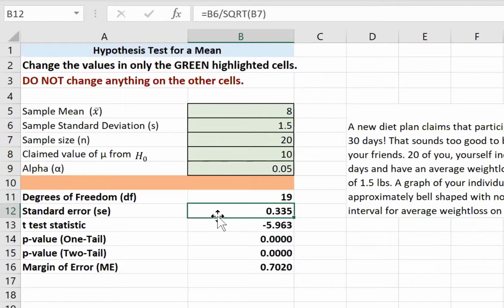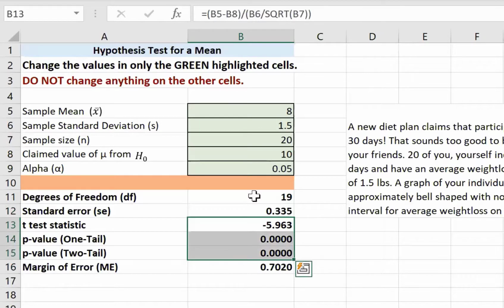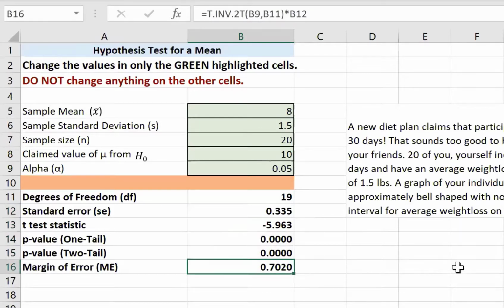The larger our sample size, the less variation in the sampling distribution. Test statistic, if we were doing a t-test, this would be useful. So the test statistic and p-values are useful for a test, but we're going to focus on the confidence interval. I really want to know how much weight did we actually lose.